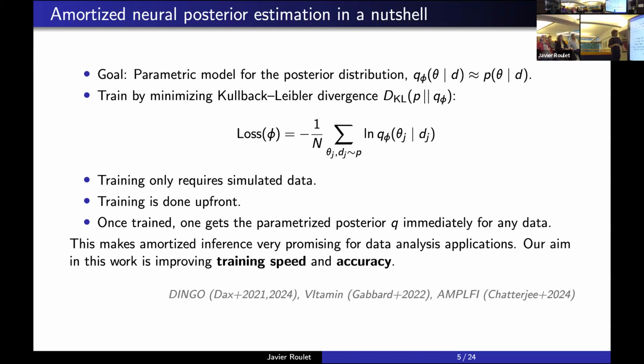All these properties make it very promising for these data analysis applications that I was talking about. And there are already some codes that do either this or similar methods that I'm listing here, but in this work, we'll try to improve the training speed by incorporating some domain knowledge.